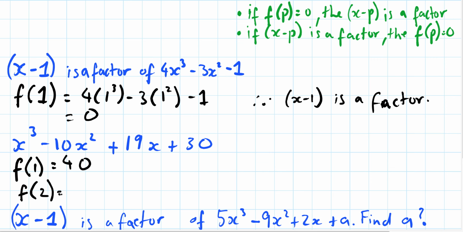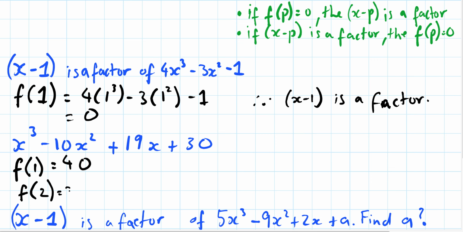So that'll be 8 minus 40, add 38, add 30. That equals 116. Did I do that correctly? 8 minus 40, add 38, add 30.